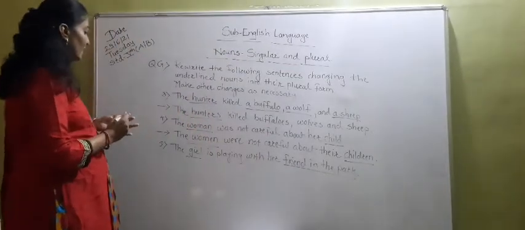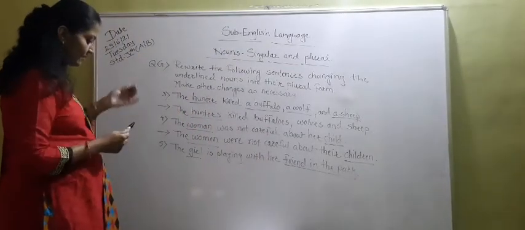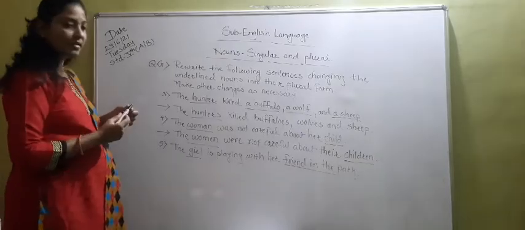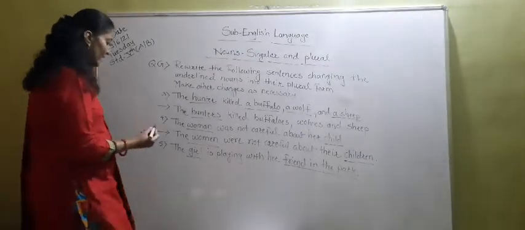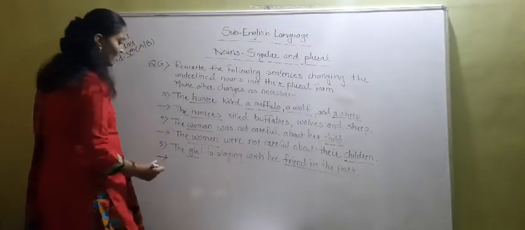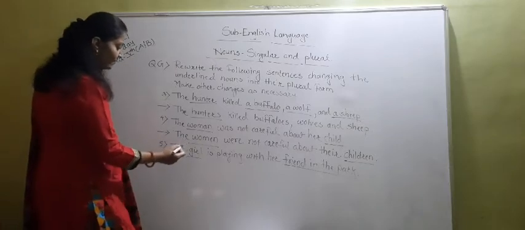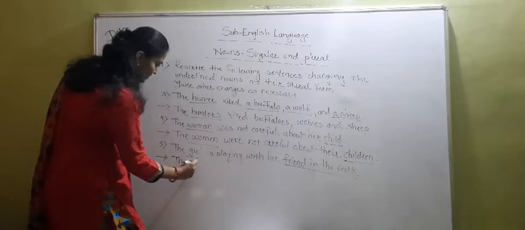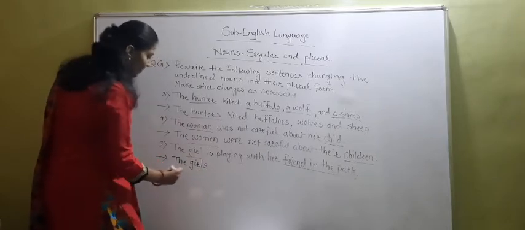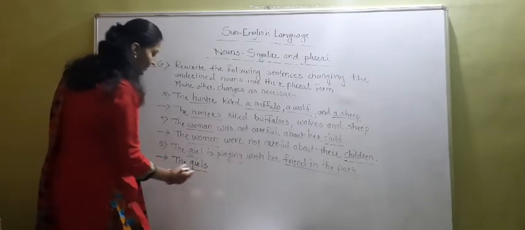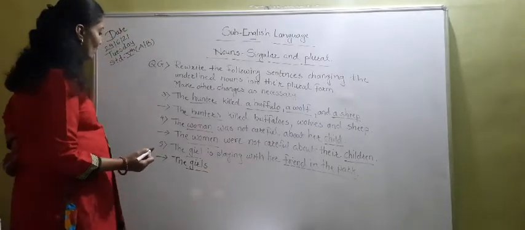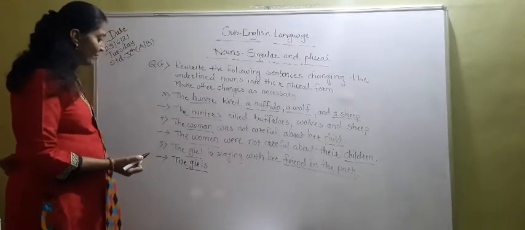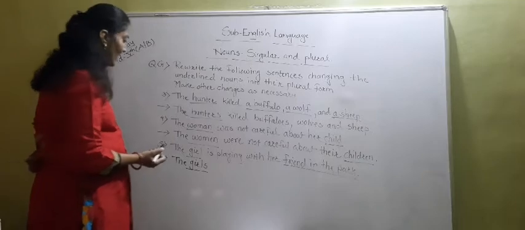Okay. Now see. Tell me the answer. Who wants to tell? Okay. Now let's solve this. The girl will become the girls, because we are making it plural here. The girls. Now as it is a sentence in the present tense, the girls are playing.